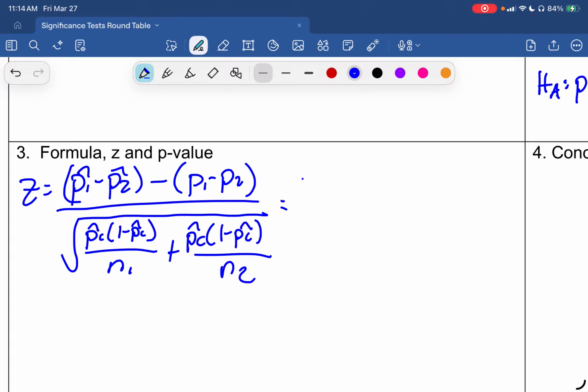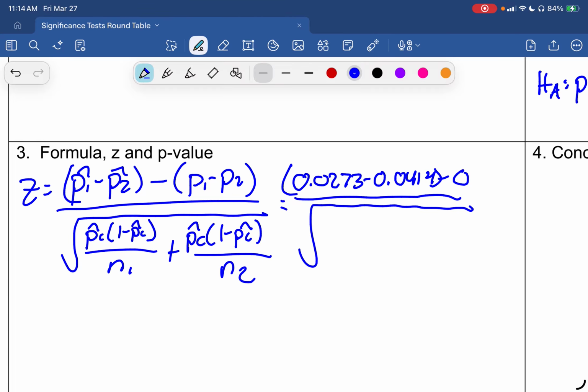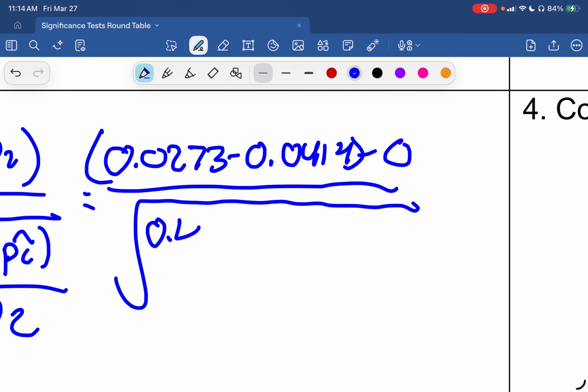We plug all of this good stuff in. And again, this is why you have to calculate your statistics. We do all of this though.